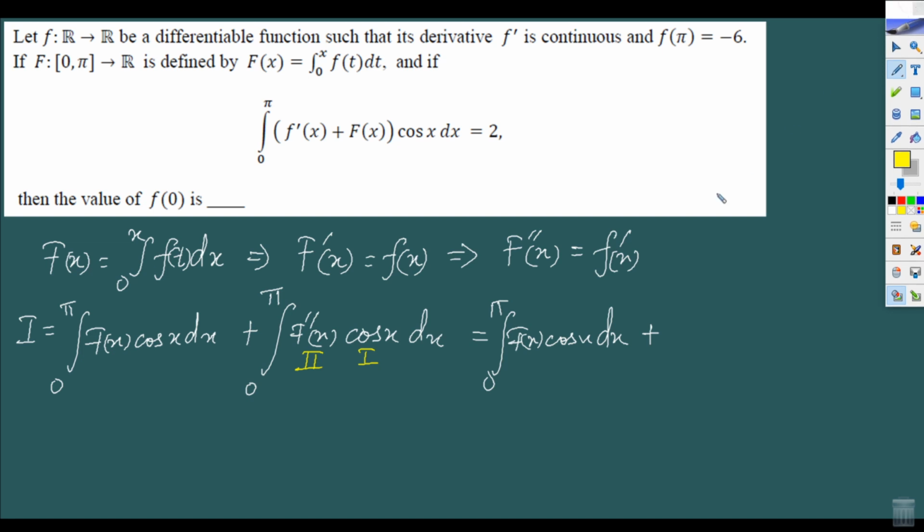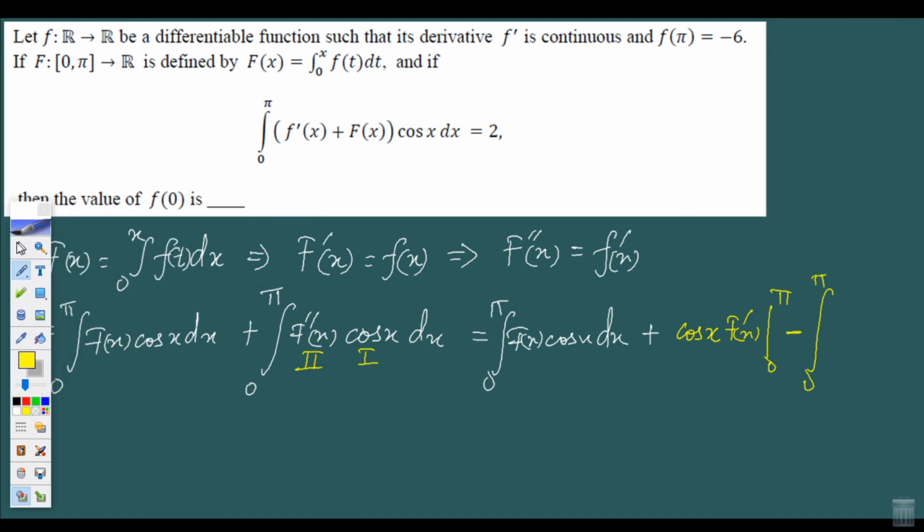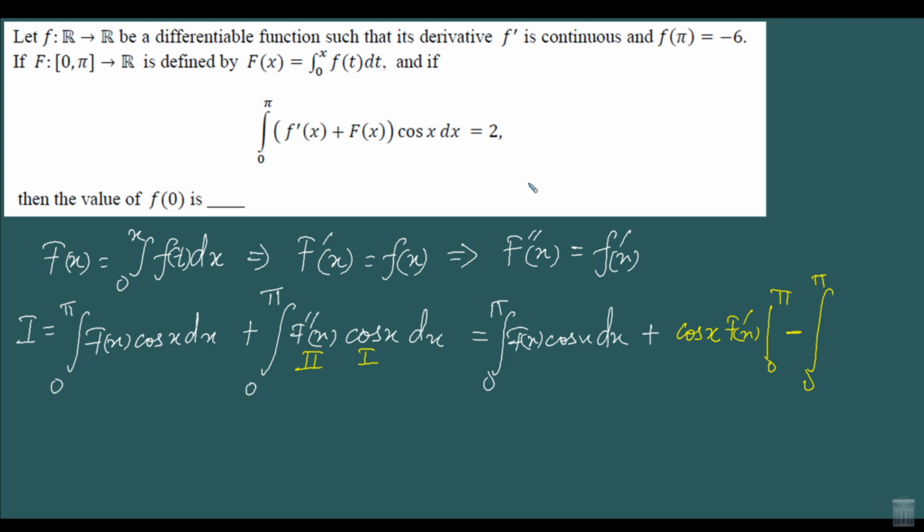So integration by parts gives me that this value would be cos x into the integral of the second function, that is f dash x, from 0 to pi, minus the integral from 0 to pi of f dash x, that is the integral of the second function, into the differentiation of the first function, that is minus sin x, so making it plus sin x dx.